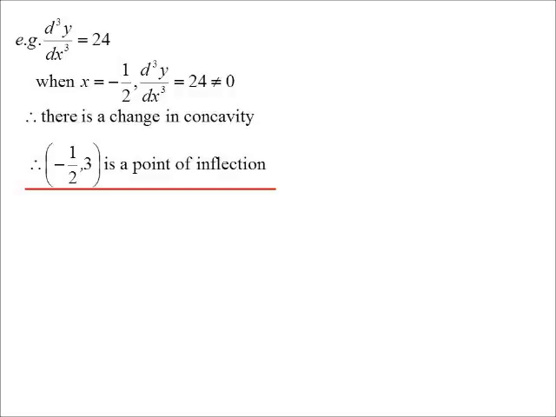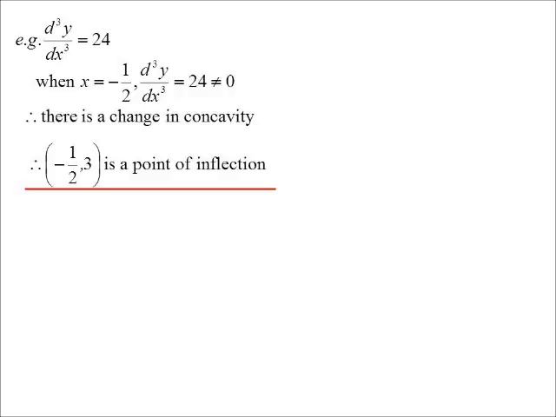You can test the first derivative either side. Because if you've got a curve that's increasing, and then your possible inflection point, it's got some value, it doesn't really matter, but then it's increasing again, we must have just gone through an inflection point. So you can actually test the first derivative either side to prove it's an inflection point.